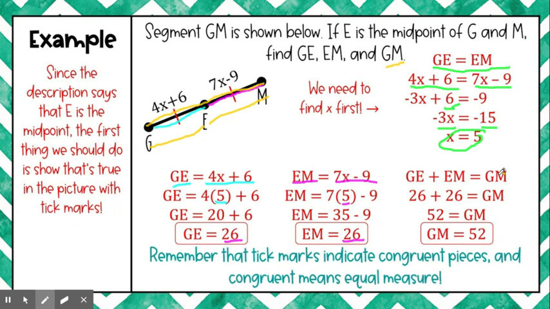So we're going to write that out here. GE plus EM. We've already solved for segments GE and EM. We know how long they are. GE is 26 and EM is 26. So sub those in. Then it gives us 26 plus 26 equals GM. 26 plus 26 is 52. So line segment GM is equal to 52.